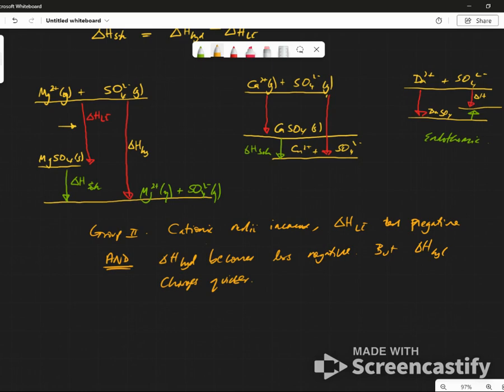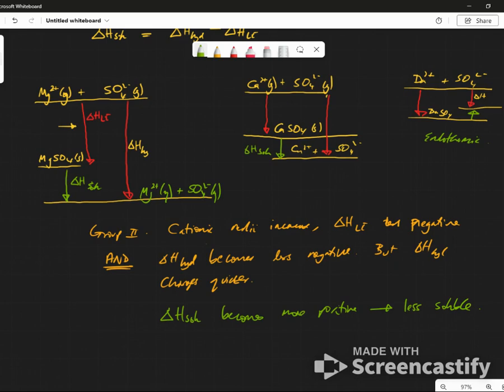And because of that, as you go down, delta H solution becomes more positive. And as delta H solution becomes more positive, the thing becomes less soluble. Why does it decrease at a faster rate? Well, that's interesting, but we'll get to that. But are you okay with that for now? Are we good with that for now?